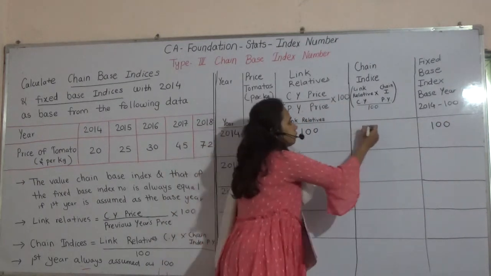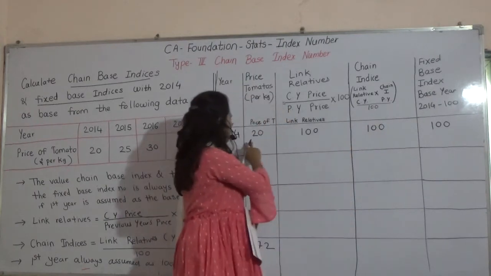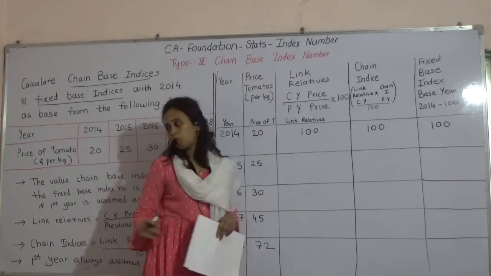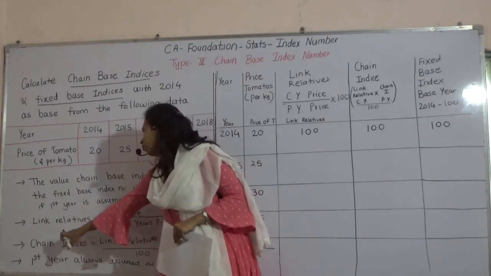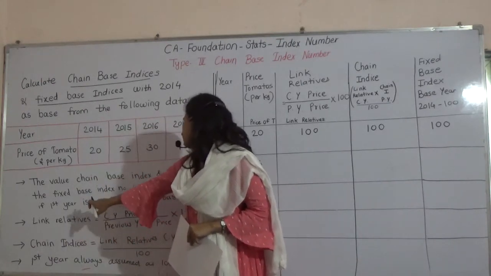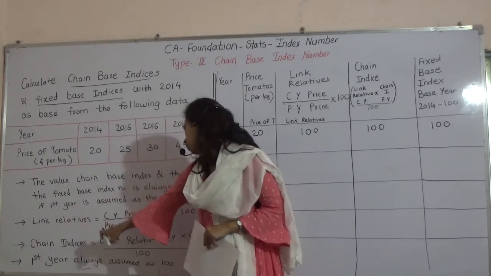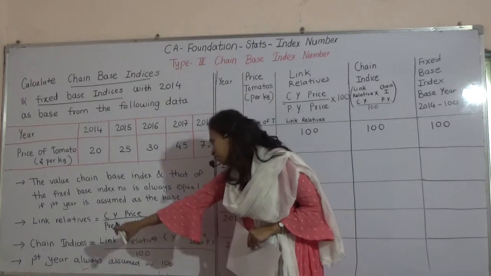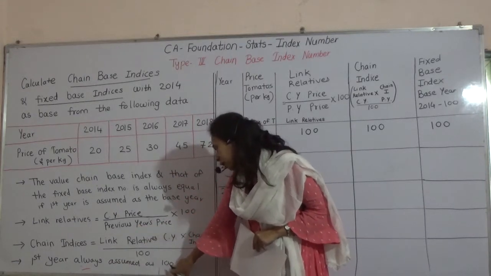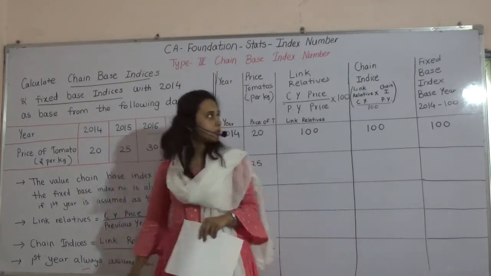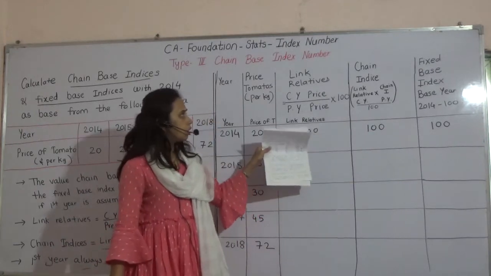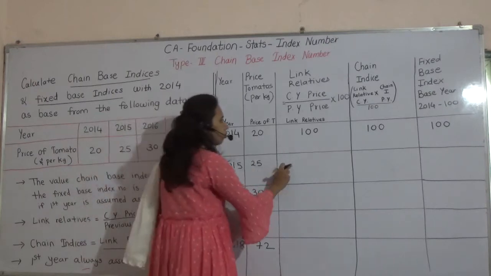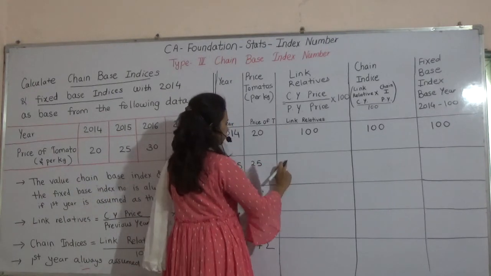For the first year, base year, you are going to assume it as 100. I have already written over here. The first year is always assumed as 100 for chain indices as well as for fixed base and for link relatives. Okay, now we will apply this formula.